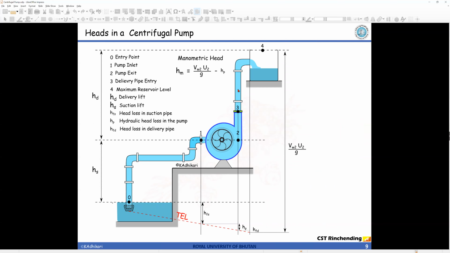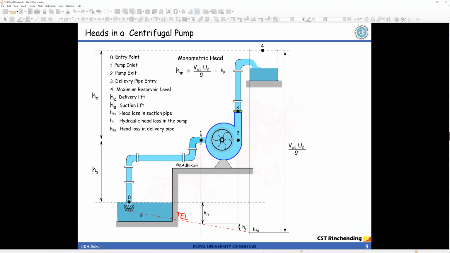Overall, a pump must add this much energy, Vw2U2 over g. This parameter is work done per unit weight of water. So this much head it must add to this liquid for it to reach this elevation. So that is the understanding. Let's understand further. From here I'm drawing the total energy line.